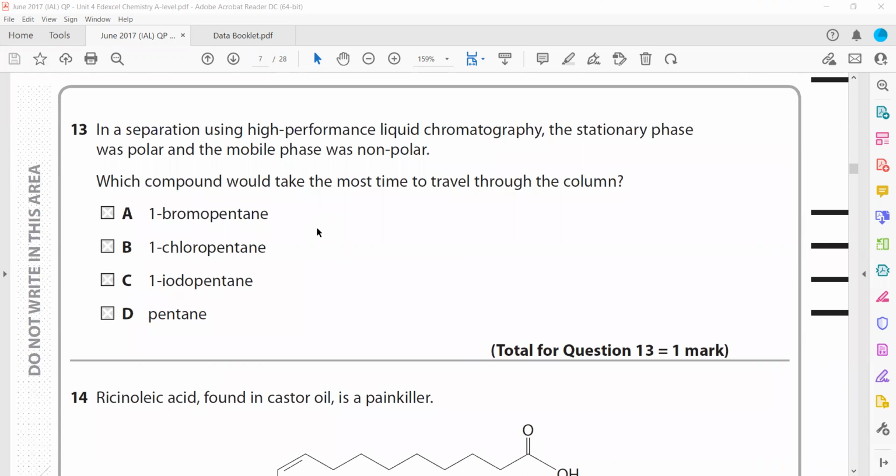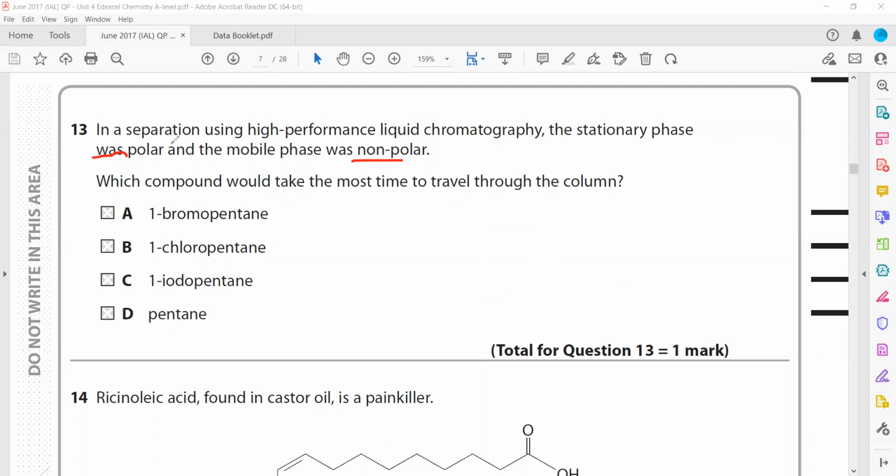In separation using high performance liquid chromatography, the stationary phase is polar and the mobile phase is non-polar. The idea is that similar types of molecules attract similar substances. So which compound would take the most time to travel through the column? The mobile phase is non-polar and the stationary phase is polar, so the stationary phase will attract the polar substance.